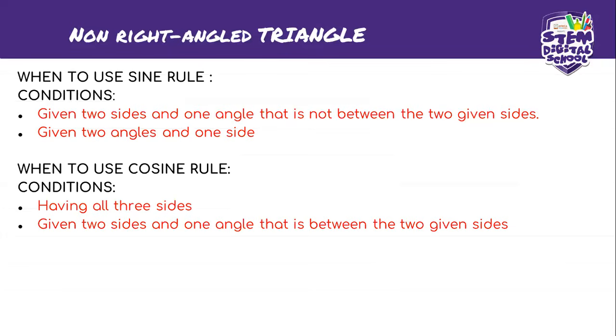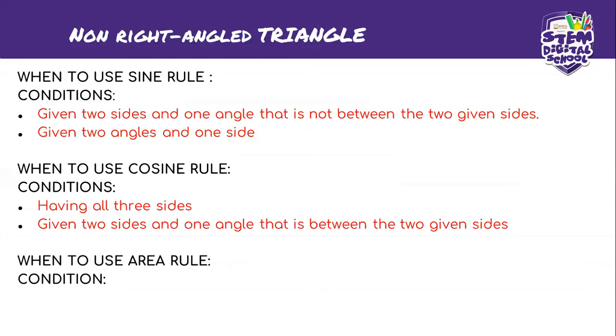So please remember, don't confuse this with the sine rule, where you are given two sides and one angle that is not between the two given sides. Now, this one of cosine says you are given two sides and one angle that is between the given sides. So in that case, we are going to use the cosine rule to calculate.